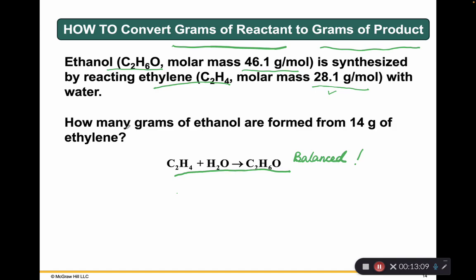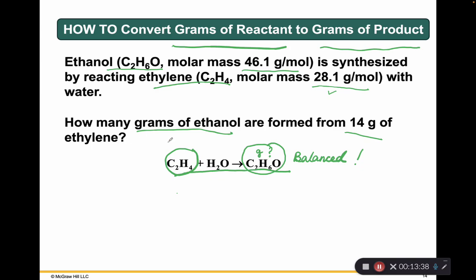Let's read the question. How many grams of ethanol are formed from 14 grams of ethylene? The starting material, ethylene, is 14 grams, that is given, and the mass in grams of the final product is asked. First, let's make a plan for how to work on this problem, and then we will set up.